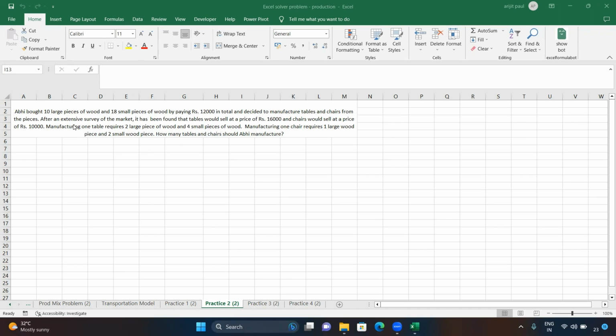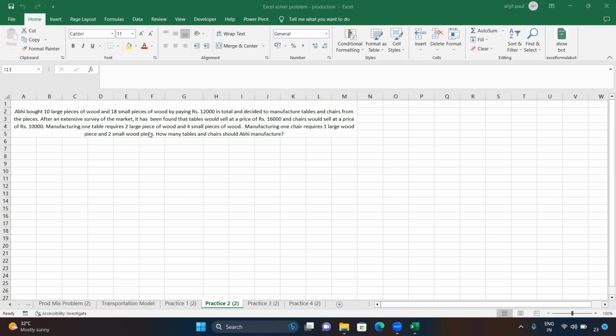After an extensive survey of the market, it has been found out that tables would sell at a price of 16,000 per piece and chairs would sell at a price of rupees 10,000 per piece. So that is our selling price for chairs and tables. Manufacturing one table requires two large pieces of wood and four small pieces of wood. That is the ratio.